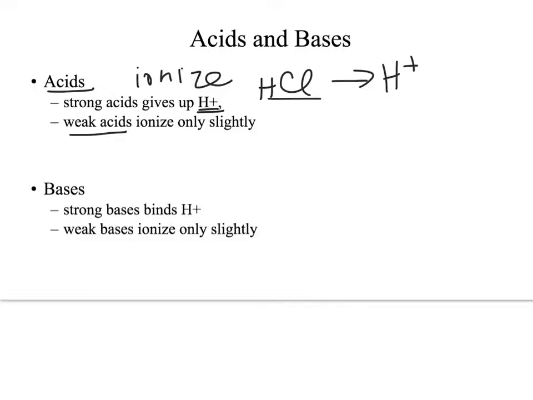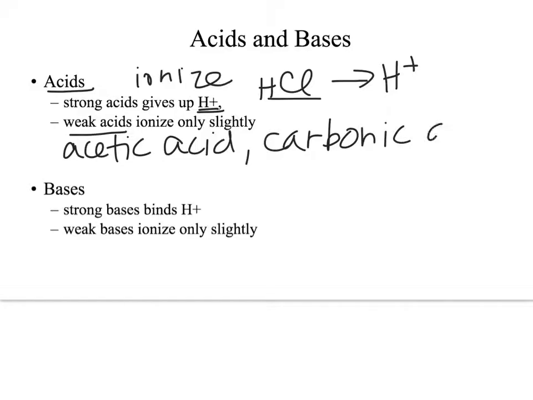Weak acids are things like vinegar, like acetic acid, carbonic acid. They give up hydrogen ions, but not as readily. Now, these things always have a hydrogen in front of it. So it's always got a hydrogen. That's how you're going to know it's an acid.